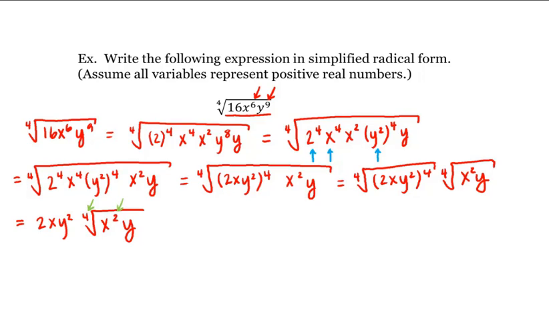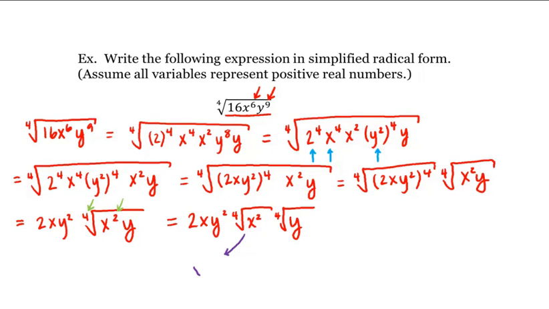So let's first split this up as 2xy squared, and then the fourth root of x squared, and then the fourth root of y. Now let's convert this term here to rational exponent form.